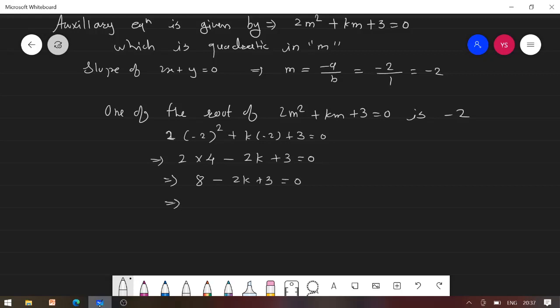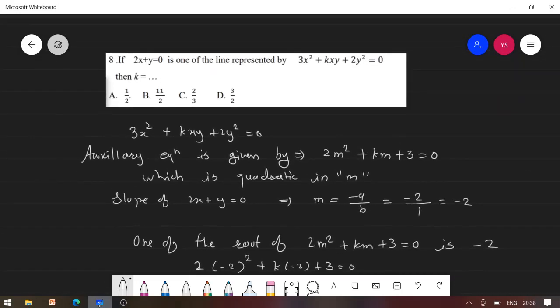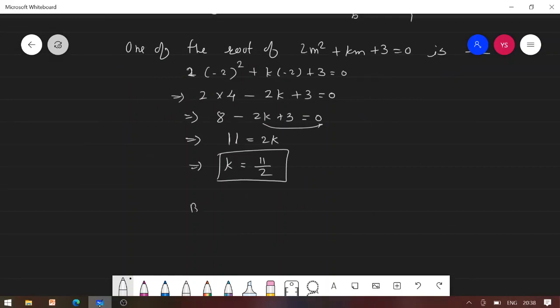So 8 plus 3 is 11. After shifting minus 2k, it becomes 0 plus 2k, that is 2k. So that implies k becomes 11 by 2. Look at the options. The correct choice is B, so k equals 11 by 2.